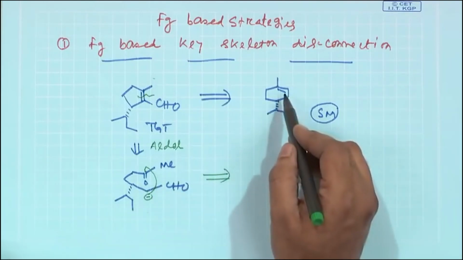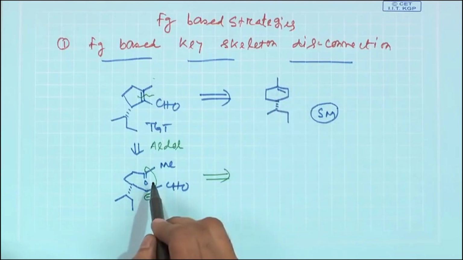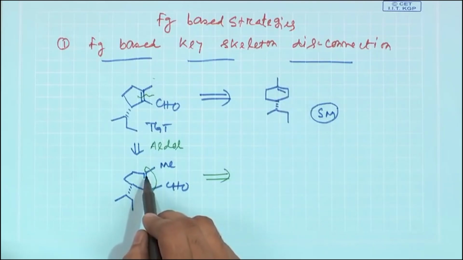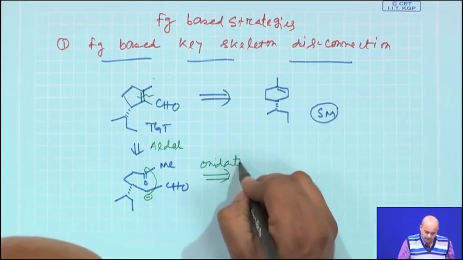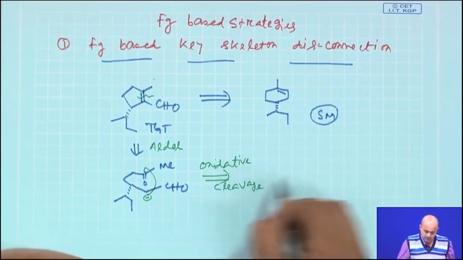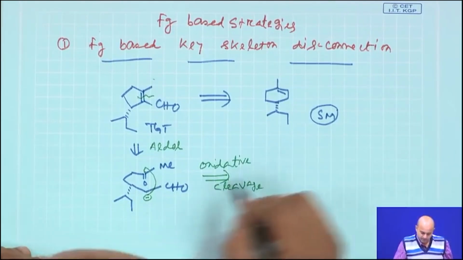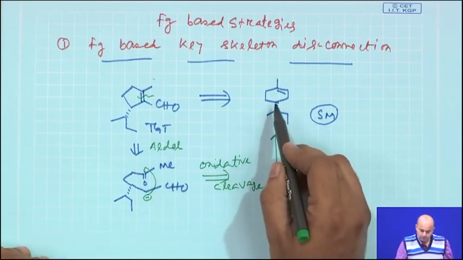Now, you see, the only active functional group present in the starting material is an olefinic functional group, and this compound does have a dicarbonyl functionality. So, in principle, you can think about doing a simple oxidative cleavage. We have discussed this kind of oxidative cleavage earlier, and it basically correlates to the starting material.